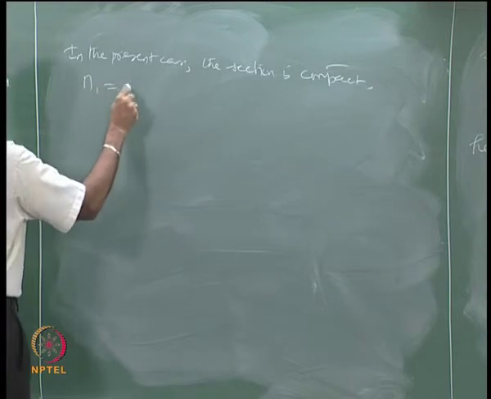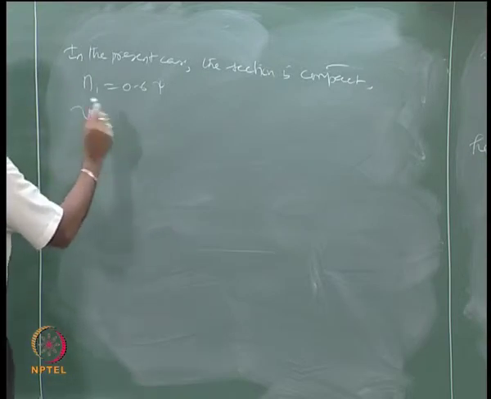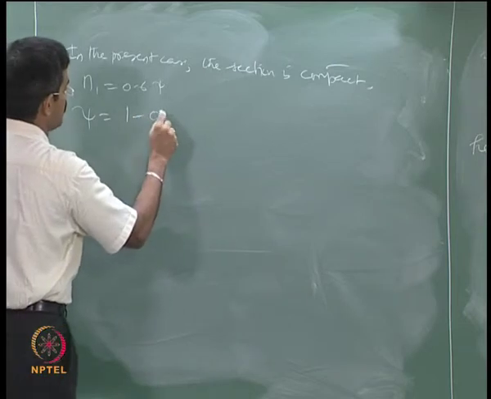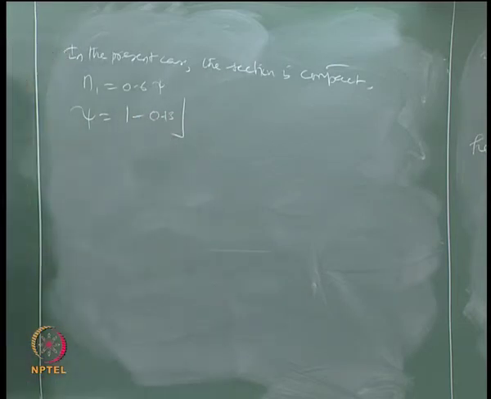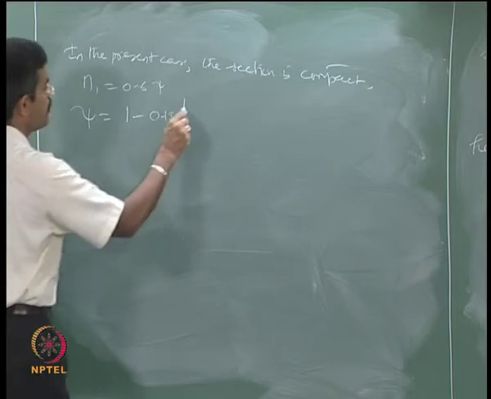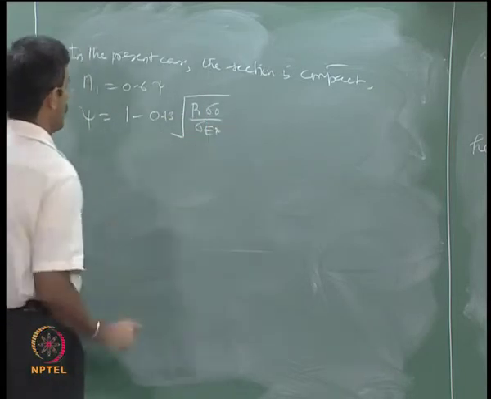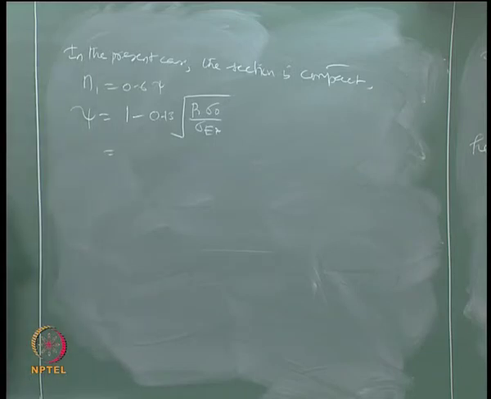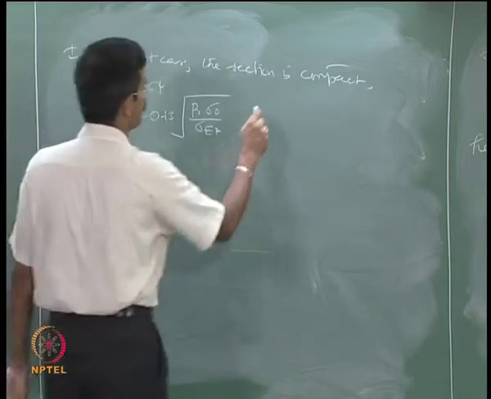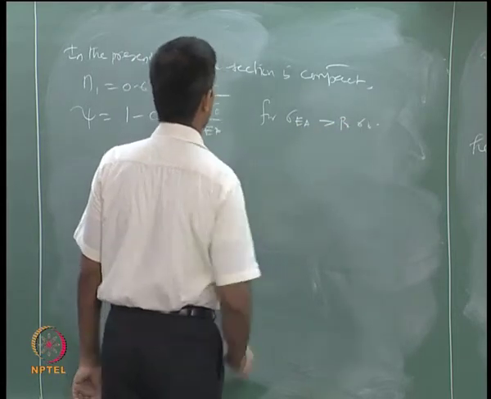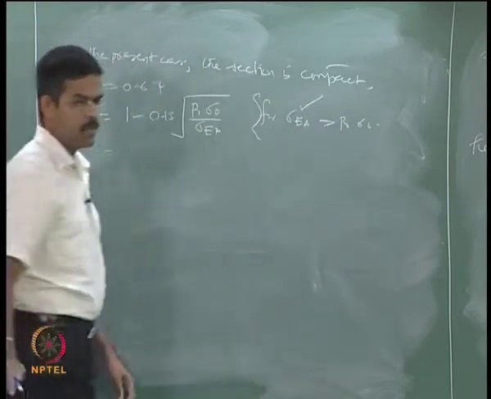N1 is 0.6 psi, and psi is 1 minus 0.13 of this equation, because this is true for sigma Ea greater than PR sigma naught, which is the case we have now.